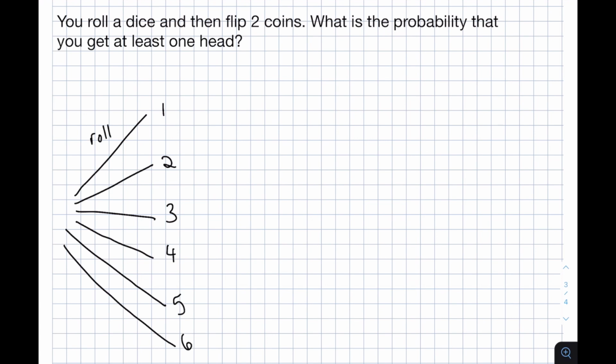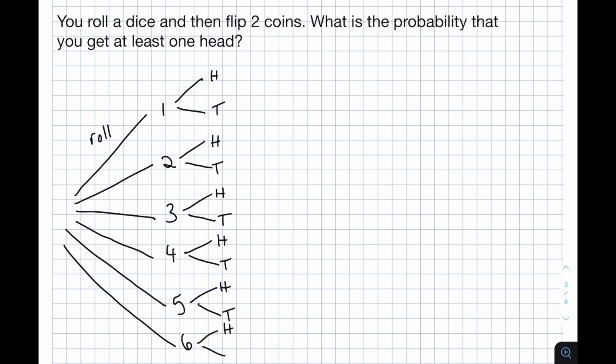Now, when we flip the first coin, each of these data points has 2 options. It can either be a head or a tail. And that's for flip 1.